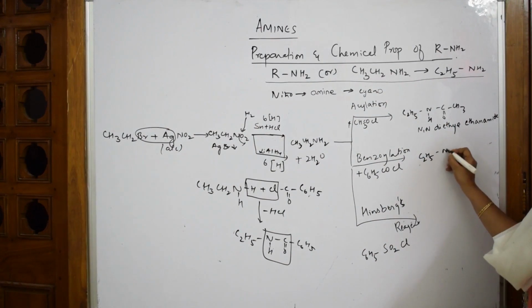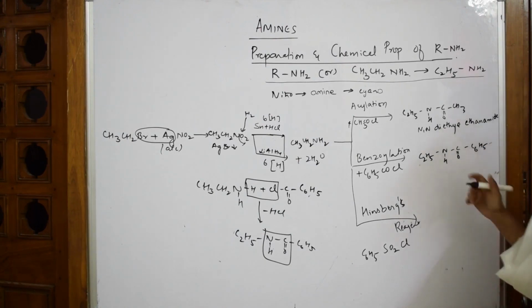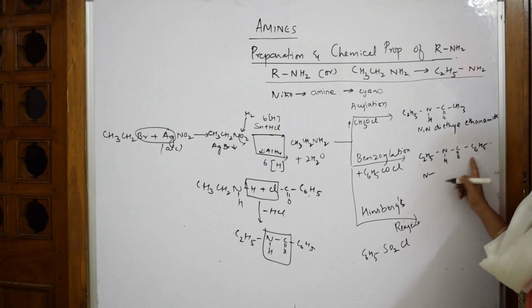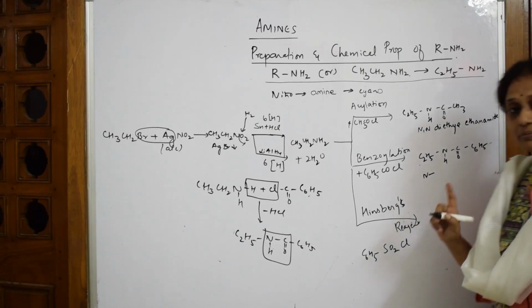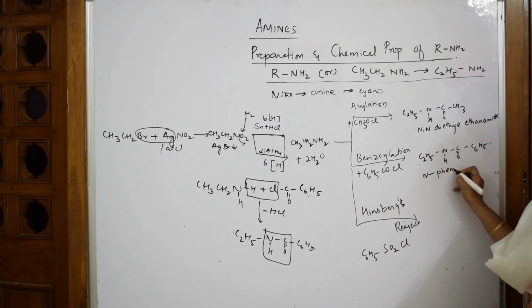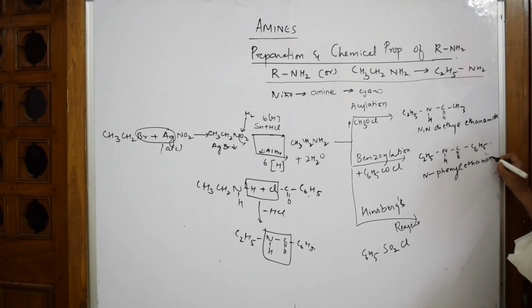C2H5NHC double bond OC6H5. Right? So now what is this compound? Now N, this is phenyl. Phenyl ring, isn't it? Not benzyl. Phenyl, one hydrogen less. So phenyl. Right? Now ethanamide. Why amide? Because of this group.